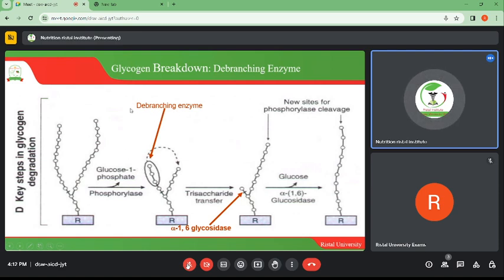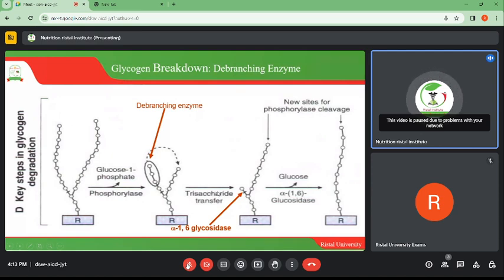So what happens is that the branching enzyme comes in and starts cleaving the last 3 glucose units, which is a trisaccharide, and transfers it onto the next one. Just like you're seeing on this arrow where my cursor is, these 3 glucose molecules are cleaved off from this branch point and taken to the other branch point that has the 4 glucose units, and it results in an elongated chain on this side.